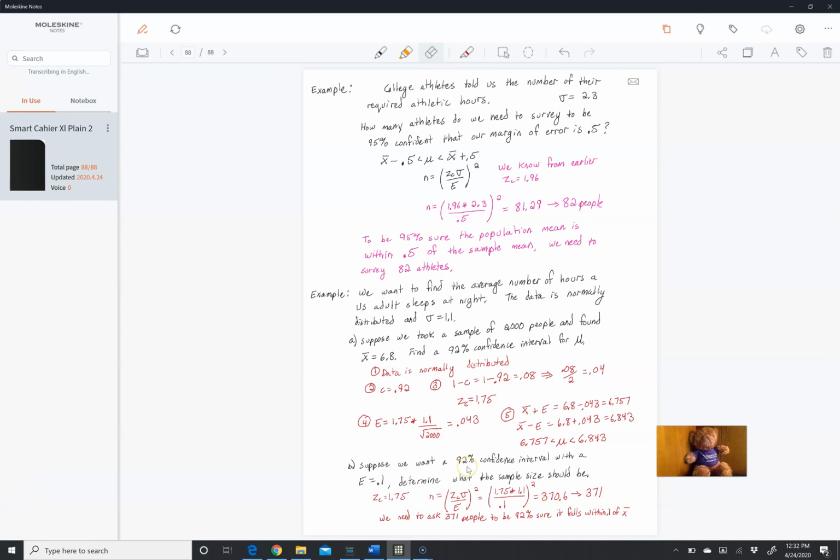Okay, so notice we're given two things, a confidence interval and a margin of error. Okay, and the biggest thing is that all of this is assuming we know the population standard deviation. So that I think we put at the beginning. I'm looking for it so that I can box it for you.